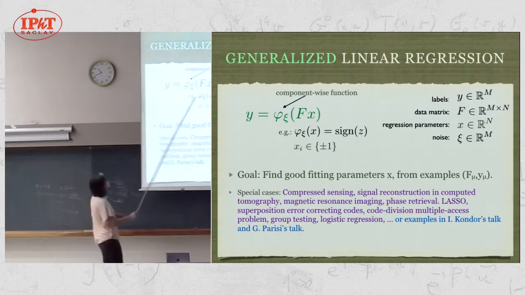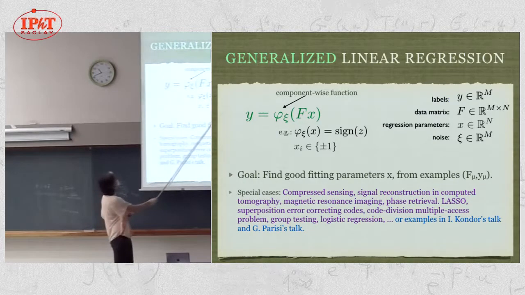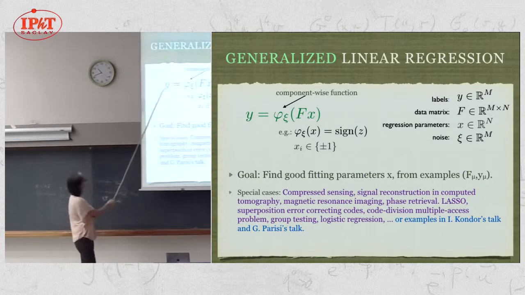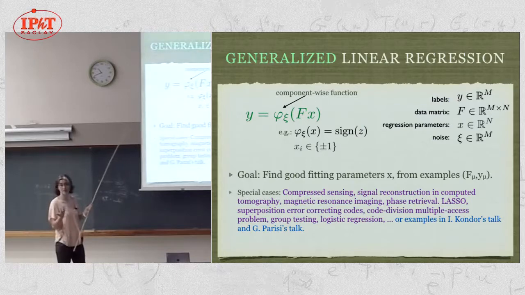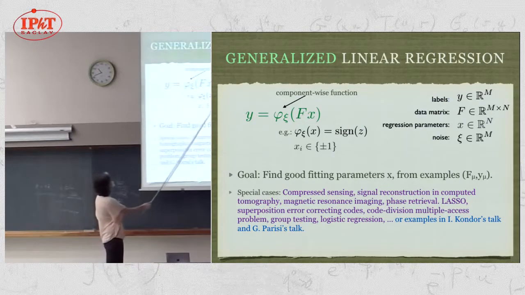As before, we have a matrix that represents the data set, and this time we have a function phi that for the perceptron would be the sign, but now it can be any function and it can depend on some noise parameter, etc. That generates some labels, but they don't have to be labels. These can also be real numbers in regression, etc. And the x has some constraint on it.